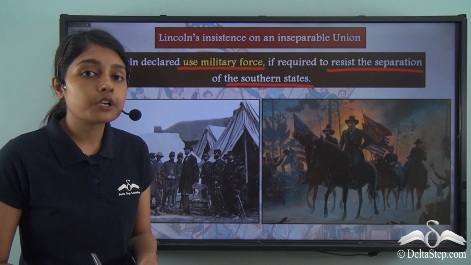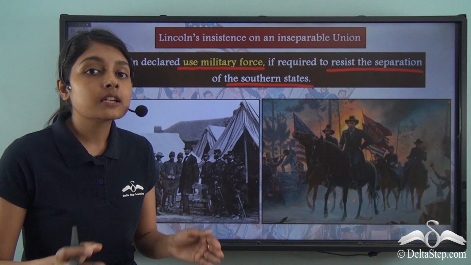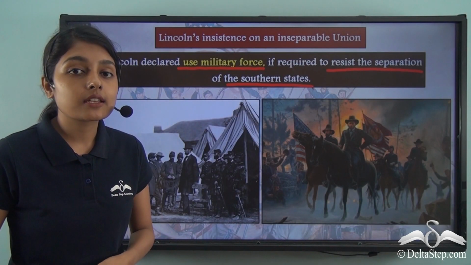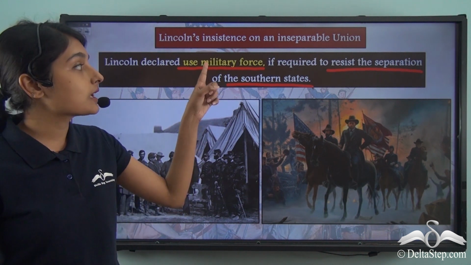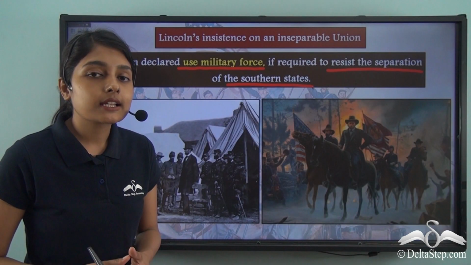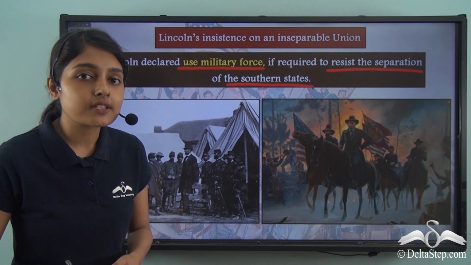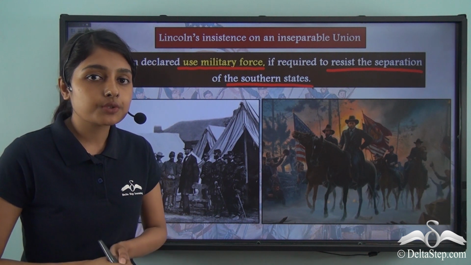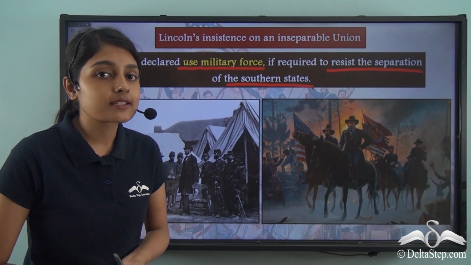It was no longer an independent and united nation as it formerly was, which is why he said that he would resort to using military forces to bring everything together. But was Lincoln able to use military forces to bring the southern states under his control into the Union? Let us now find this out.